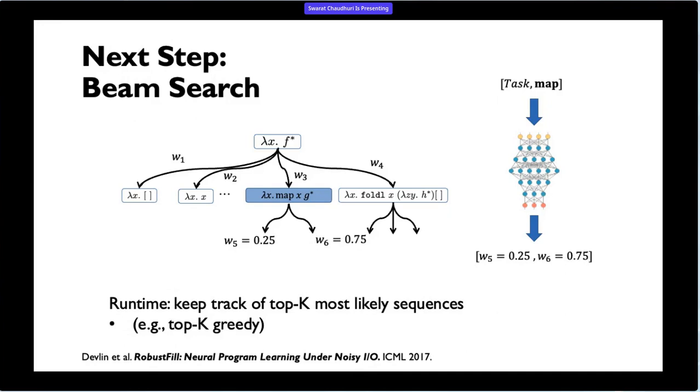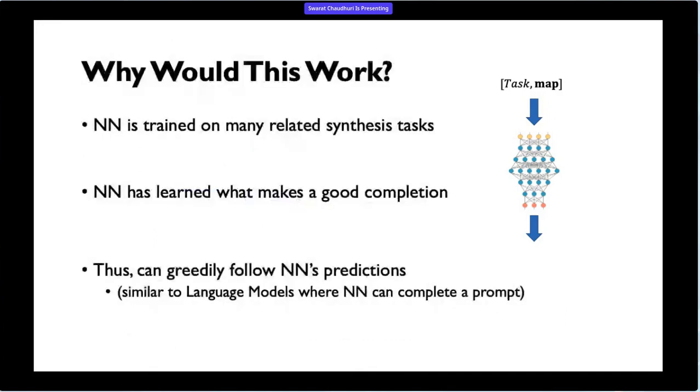So you use these probabilities that you're getting at every step in order to keep track of the k most likely programs according to this network. And so now you have not just one program that may be right or might be wrong, but a small set of programs on which you can apply other forms of reasoning in order to determine which of those programs is actually doing the thing that you want.